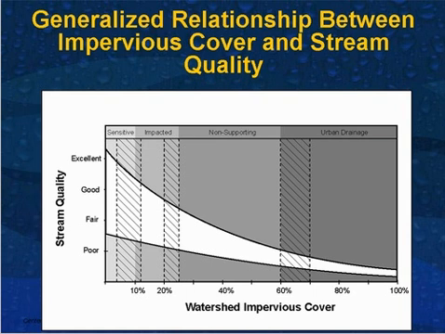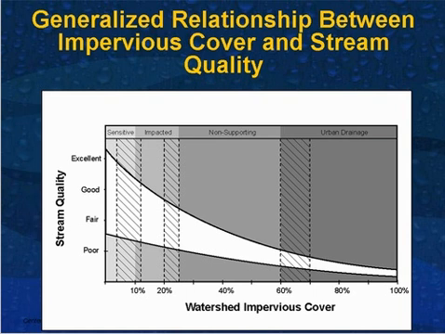But basically what it is showing is that for streams, when we have 0 to about 10% impervious surfaces in a watershed, we're generally seeing better quality, although some streams may be impacted at that point. But then as we move above that 10 to 12% range, we're definitely starting to see some degradation in the overall stream quality. Again, we're looking at the chemical, physical, and biological aspects of streams here.